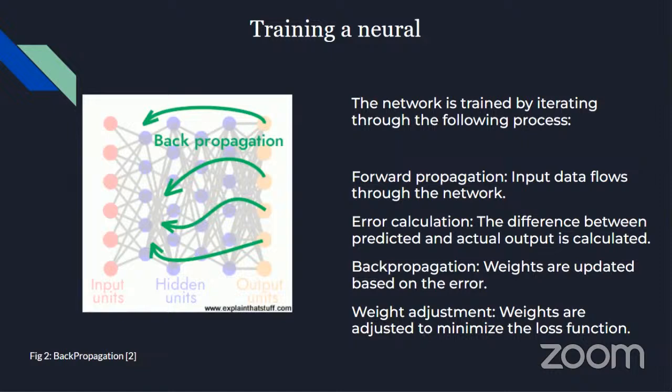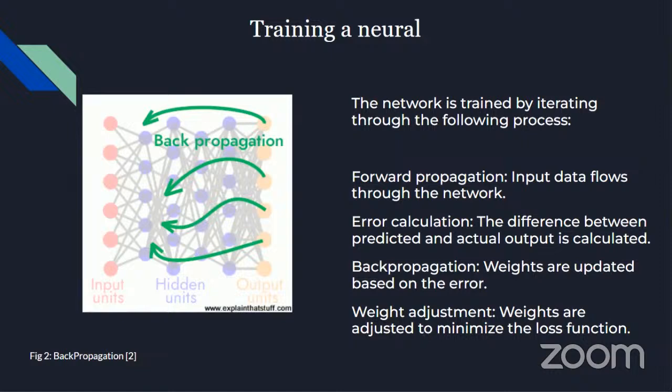We'll see one example also in the upcoming slides. We'll try to do that one by one also, right? So there is forward propagation, error calculation, and back propagation. In back propagation, weights are being adjusted, and this whole process keeps going on until the difference between predicted and actual value is minimized.